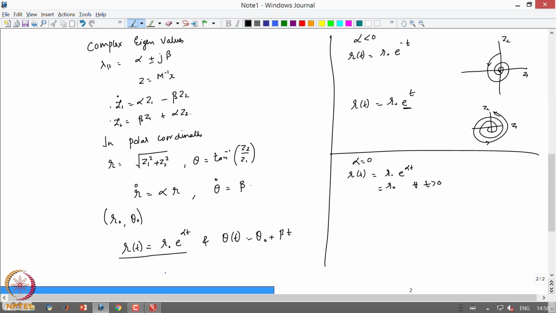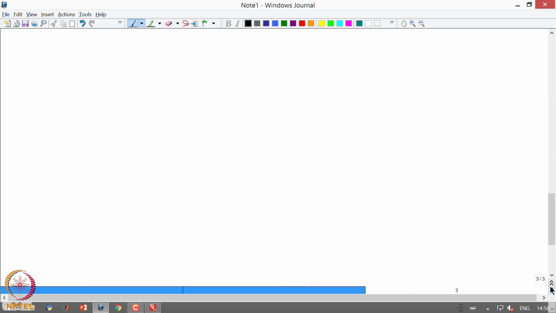Okay, so let's check this in a bit more detail. When we have non-zero multiple eigenvalues, this means essentially that lambda 2 and lambda 1 are equal to lambda, and this is not equal to 0.